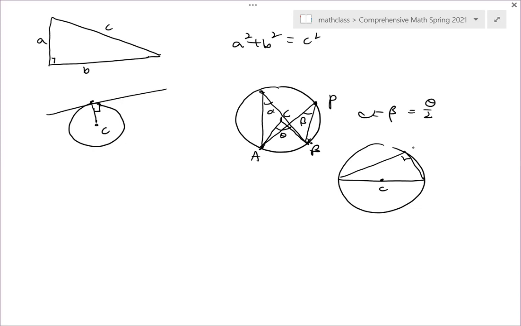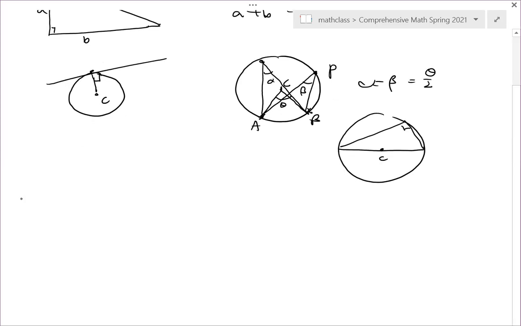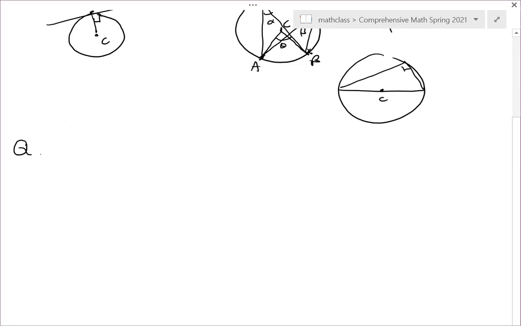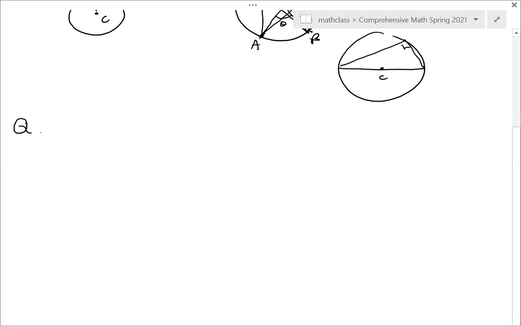Okay, so let's take a look at an example first. An equilateral triangle with a side length of 2 units has a circular arc centered at B. Okay, so this is a triangle, this is an equilateral triangle, and B is the center.